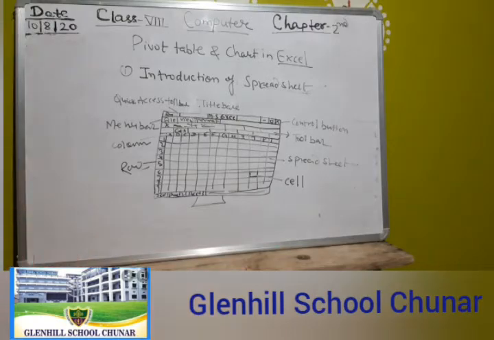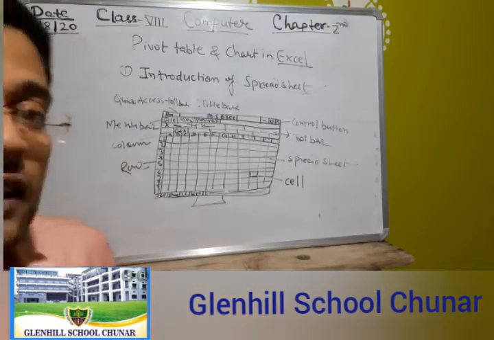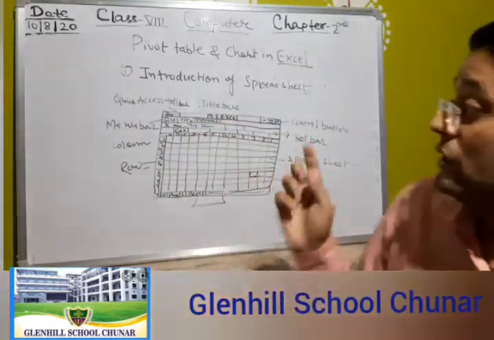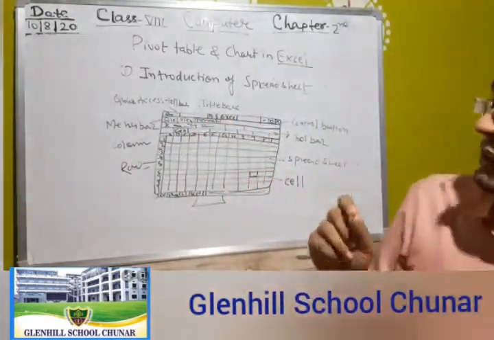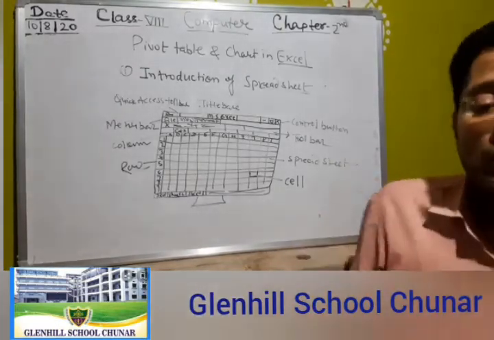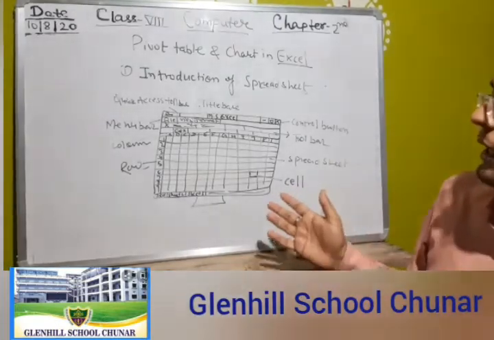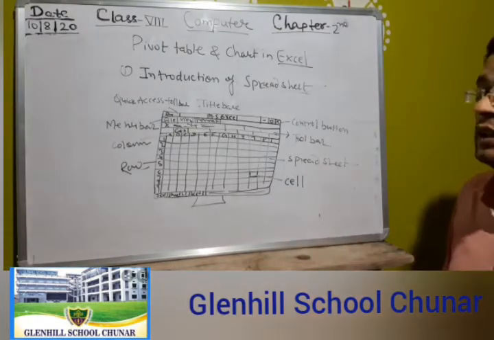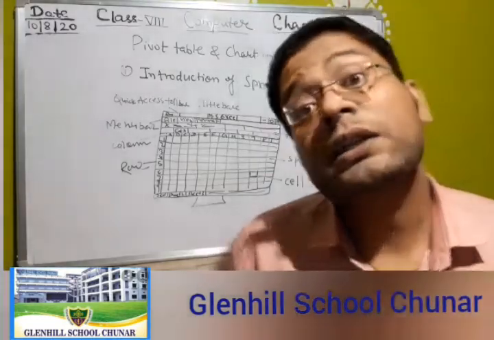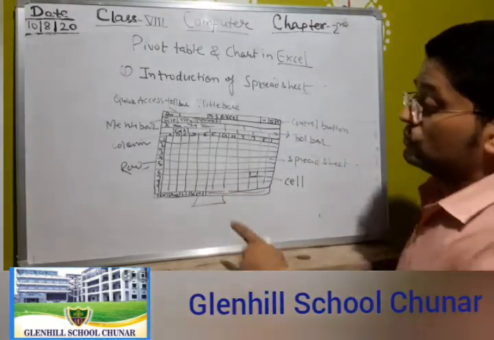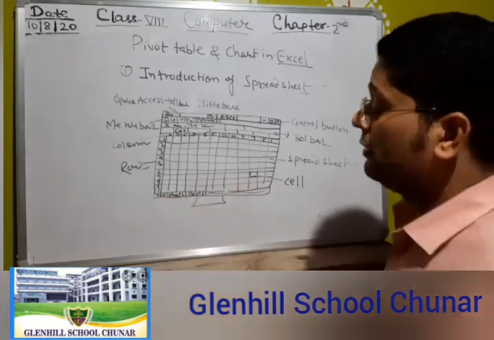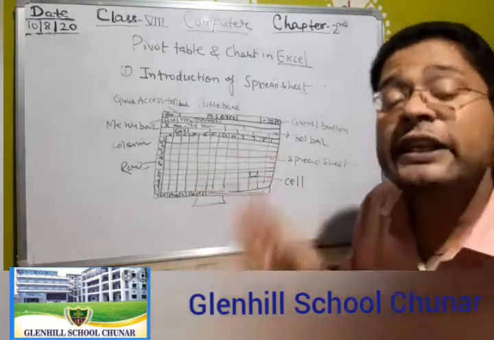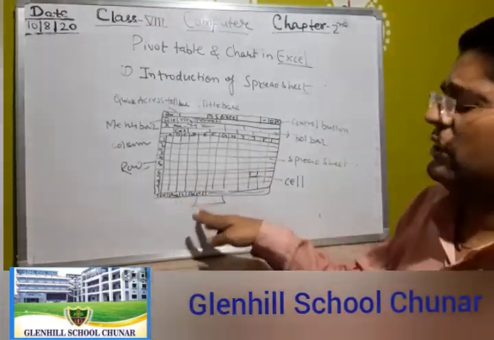Okay student, a spreadsheet file is similar to a notebook, so it can contain more than 1000 related individual worksheets. Here, below the taskbar, the line indicates the sheet names: Sheet 1, Sheet 2, Sheet 3.